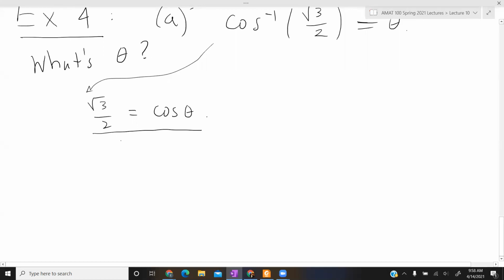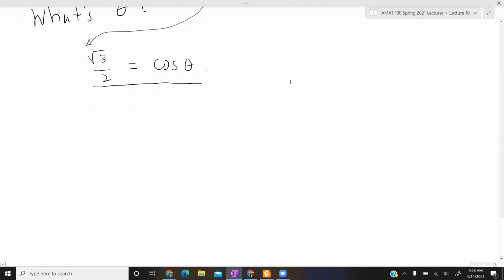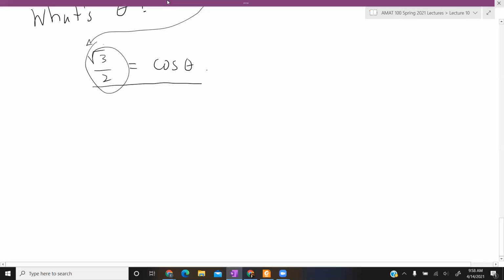It simplifies the question a little bit, because then we can go to our unit circle and just ask what angle roughly corresponds to this x coordinate. Because remember that cosine gives you the x coordinate. It's like a projection.